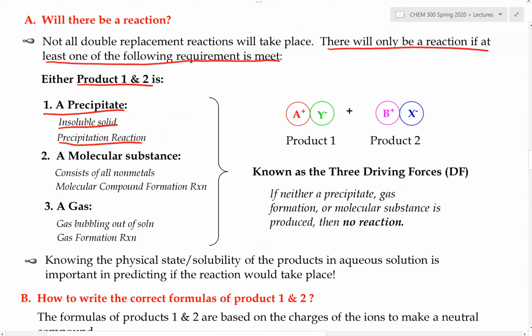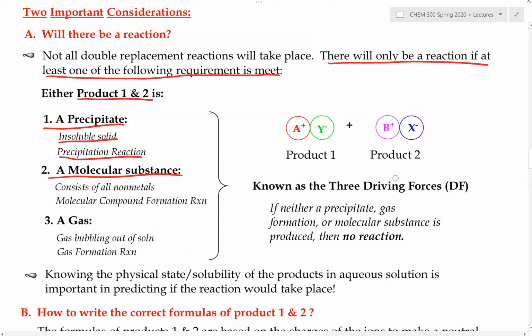And now, if product 1 or 2 is not a precipitate, it can also be the following. It can be a molecular compound or a molecular substance. So either product 1 or product 2 is a molecular substance. If one of these products is a molecular compound, then the reaction would also happen.